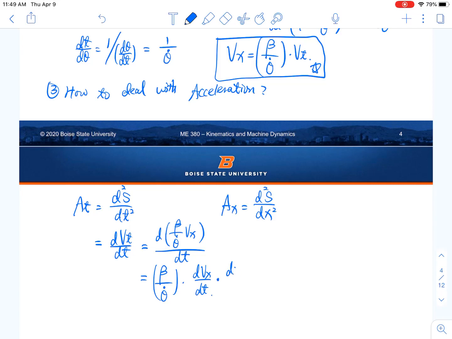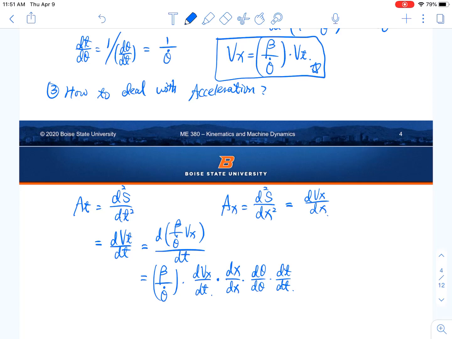You can add dx, dx d theta, and d theta dt. So it makes sense? So if you recall this x domain thing, it's also dvx/dx, right? Because everything is with respect to x in this domain.